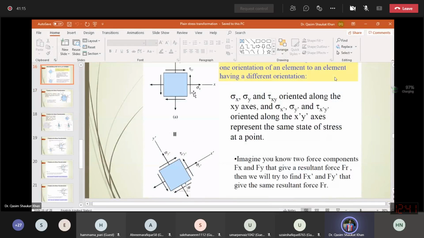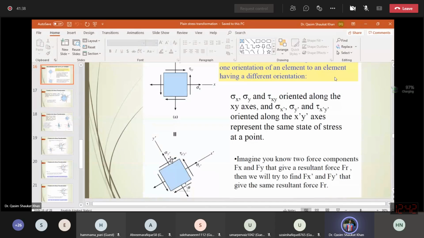Actually, before the rotation there was sigma x, sigma y and tau xy. After the rotation you have sigma x dash, sigma y dash, and tau x dash y dash. So you want to calculate these transformed stresses, sigma x dash, sigma y dash and tau x dash y dash.